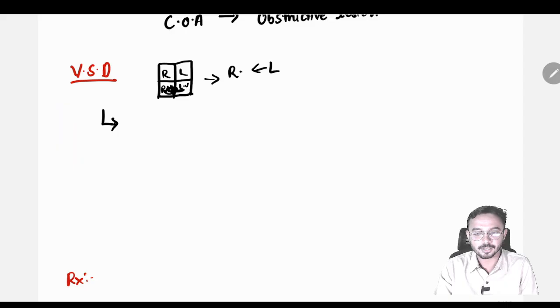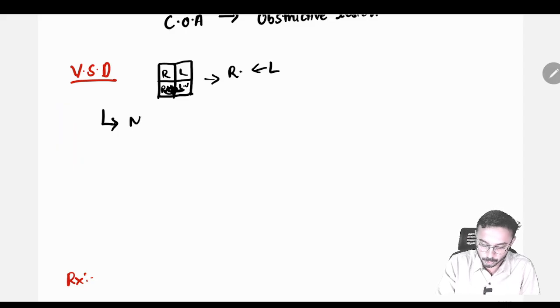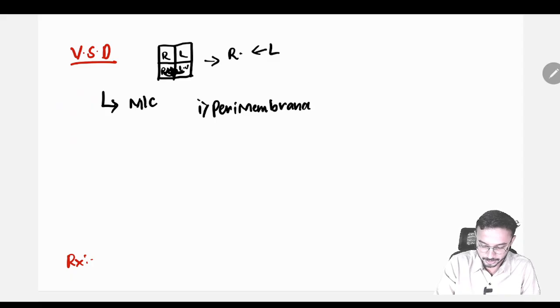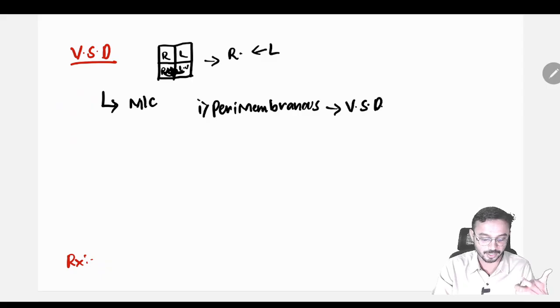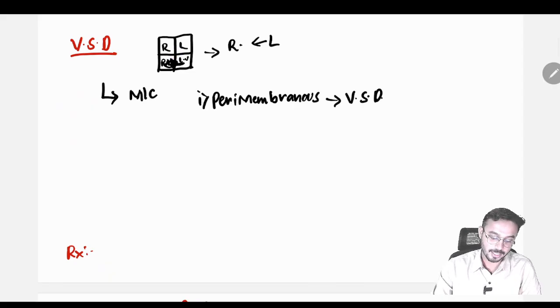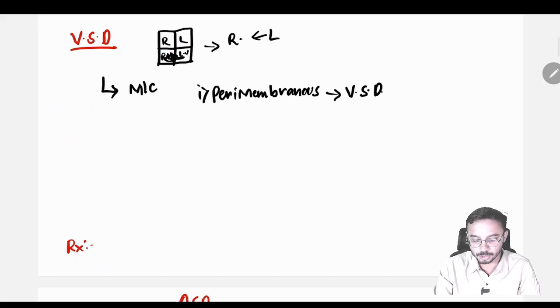VSD is the overall most common variety, and there are many types. The most common is perimembranous VSD, where the hole is present in the upper part of the septum. This is the overall most common variety.